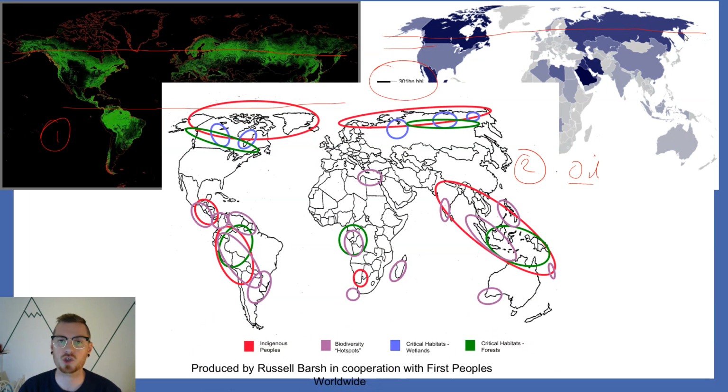Third one, this is showing us the overlap of resource, forest, and Indigenous people. So red is where we find major Indigenous peoples, like the First Nations people in northern Canada, Greenland, and areas of Iceland. Blue is critically important wetlands, so that's where we've got critically important habitat.